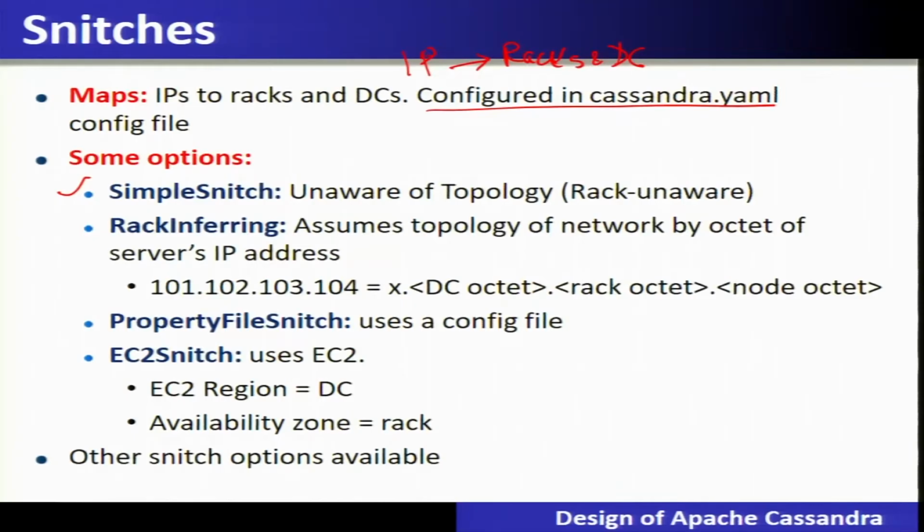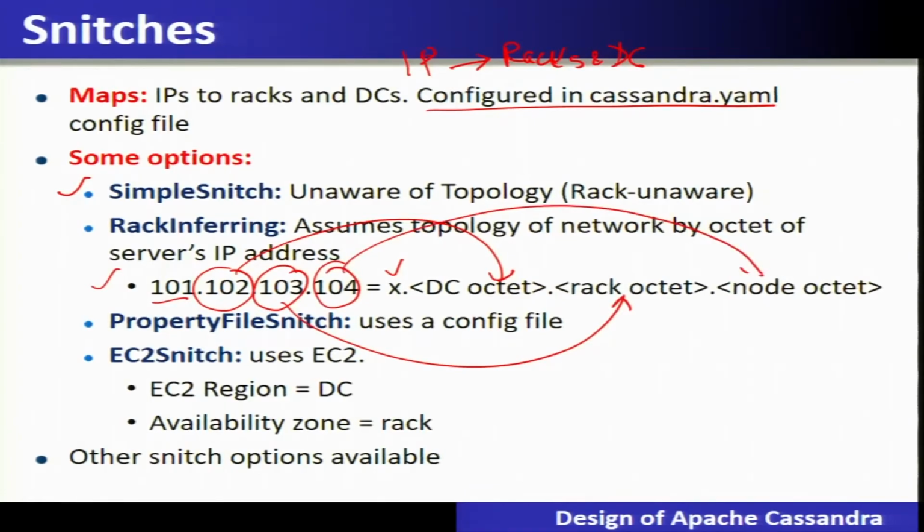Rack inferring snitch assumes the topology of the network by the octets of the server's IP address. For example, if the server IP address is 101.102.103.104, then the first octet is, let us say, X, the second octet 102 represents the data center, the third octet represents the rack within the data center, and the fourth octet represents the node within the rack.